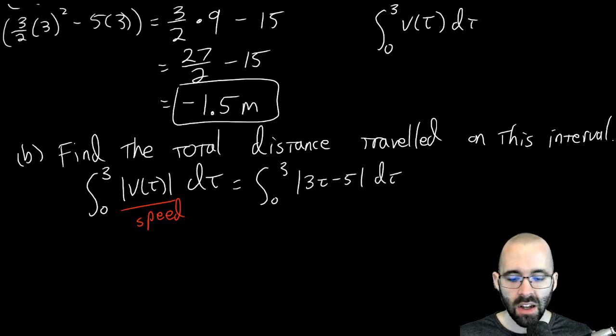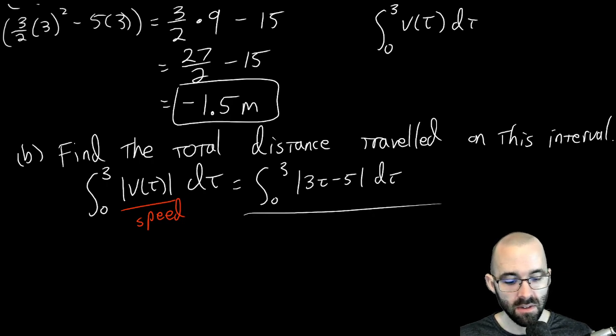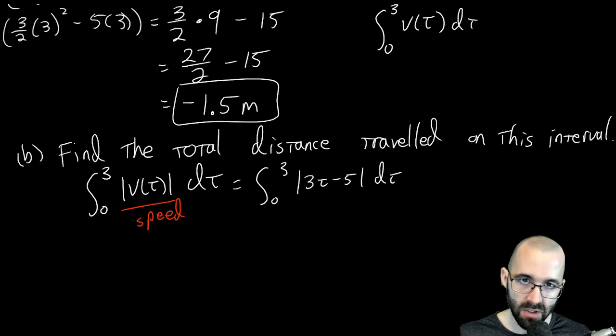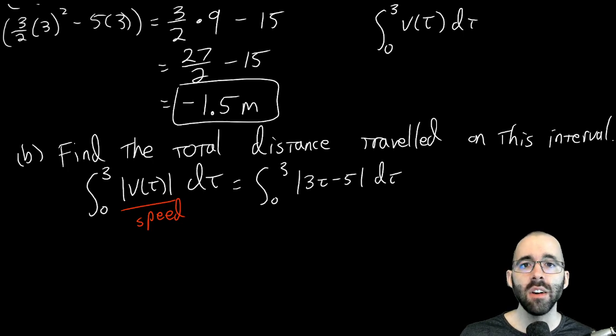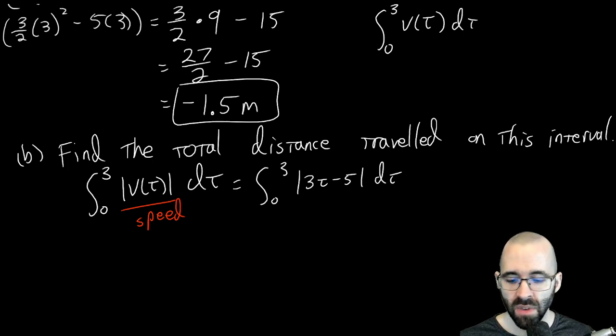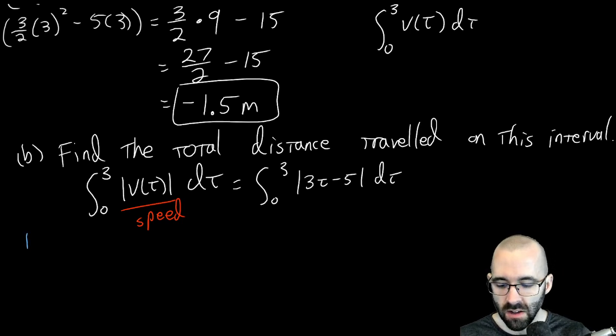So we need to find the area under this curve, which will be, of course, always positive. Now, in this case, it's pretty easy to graph it, but sometimes your functions are going to be messier. You're not going to be able to graph them as easily. So what you're going to want to do in those situations is find when the inside is positive.